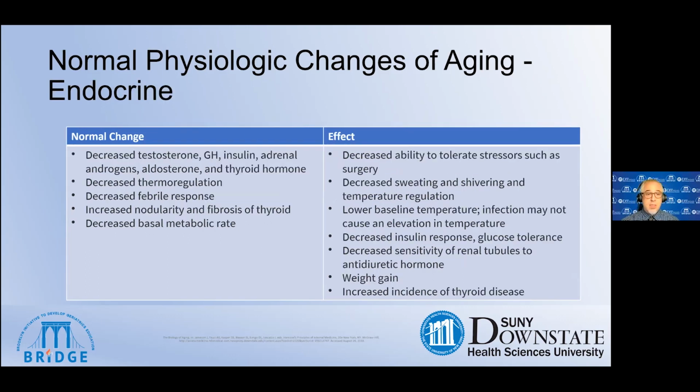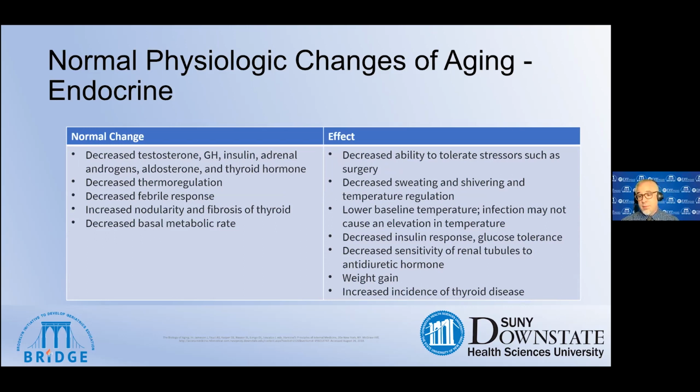Endocrine changes, declines in hormone production, decreases in thermoregulatory capacity and febrile response, increased nodularity and fibrosis of the thyroid, and changes to basal metabolic rate. All of this leads to decreased ability to tolerate stressors, such as surgery, decreased sweating and shivering, lower baseline temperature. So we may not always be able to detect infection through elevation in temperature.